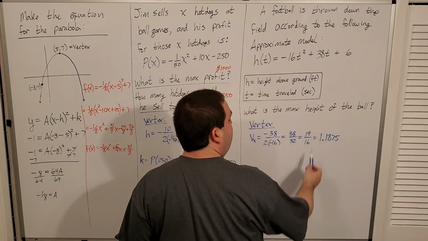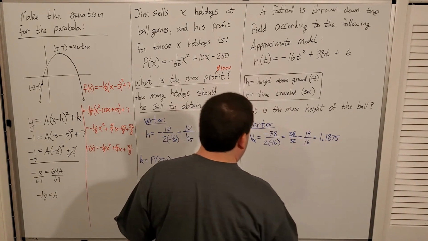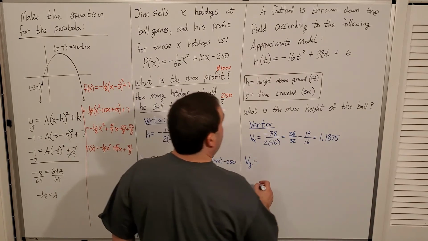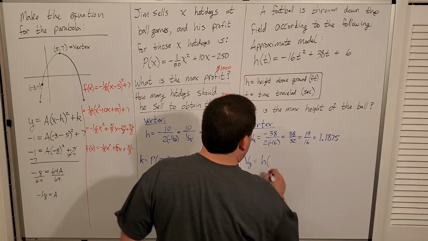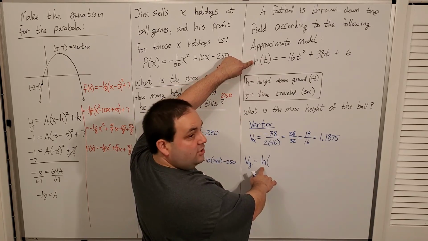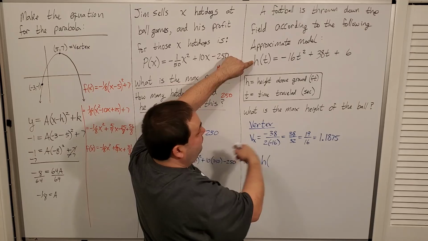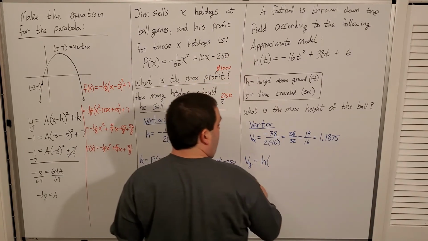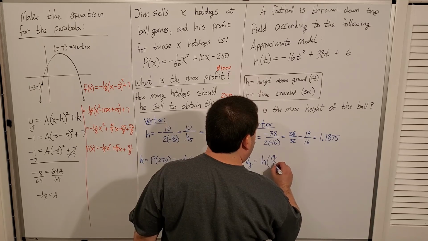It'll probably be easier to plug in the 19 over 16 though, because remember, for the vertex y component, I'm going to do the function h of, right, because our function name is h this time. Don't confuse that with the h from earlier. This h is just a name of the function, of the 19 over 16 here.